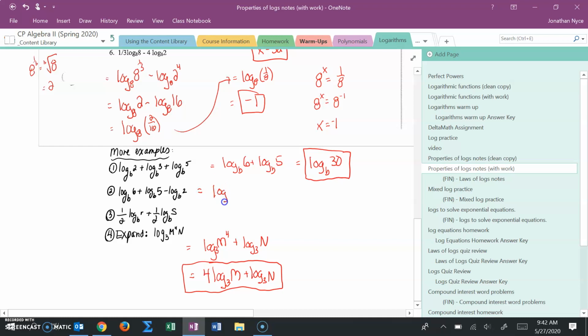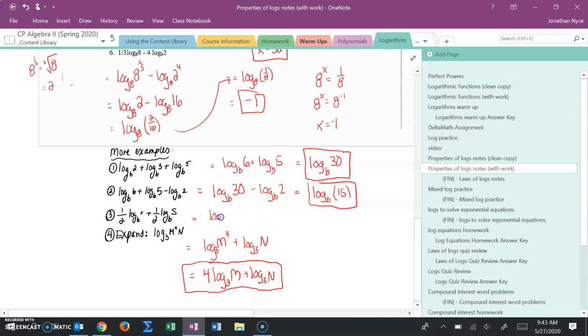Here, bases are the same. 6 and 5 are being added. The log base b of 6 and log base b of 5 are being added, so we can multiply those. Again, just go left to right. Now we're subtracting. Bases are the same, so we can divide the arguments. 30 divided by 2 is 15.